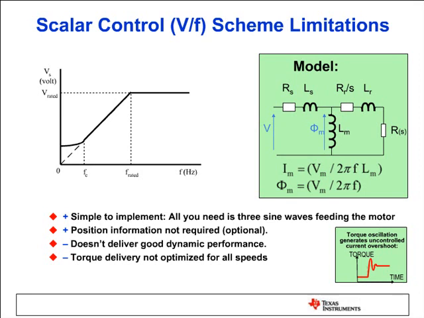We cannot neglect the voltage drop across these components anymore, so we need to compensate. That's why we experimentally create a new profile to compensate for the voltage drop across the motor impedance. And torque delivery is again not optimized. This is not the most efficient way to control an induction motor, but it is simple and cheap.